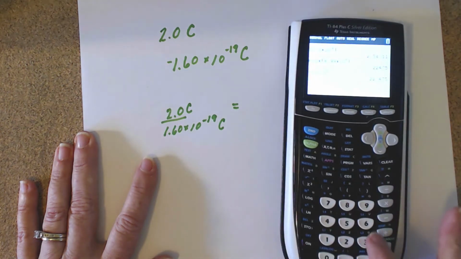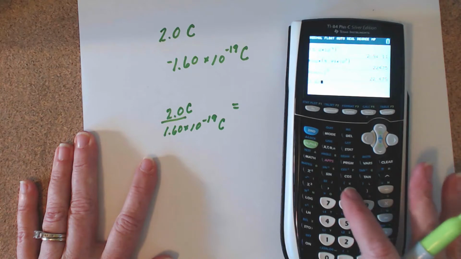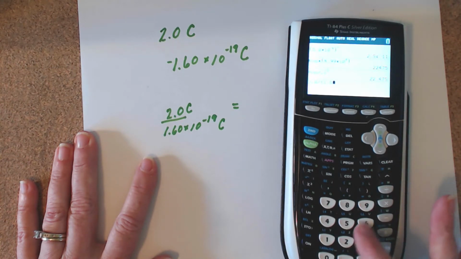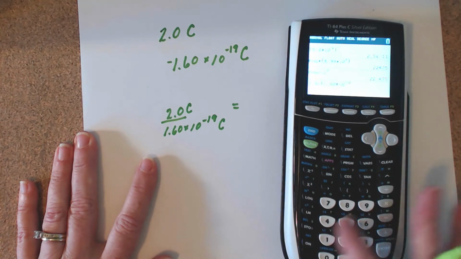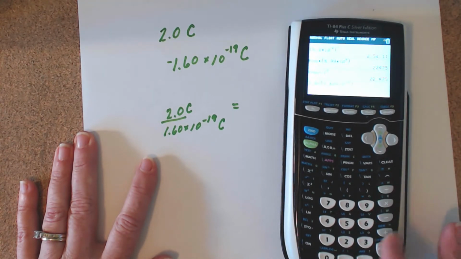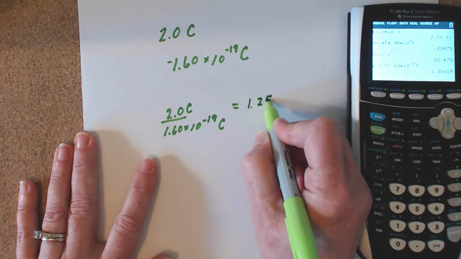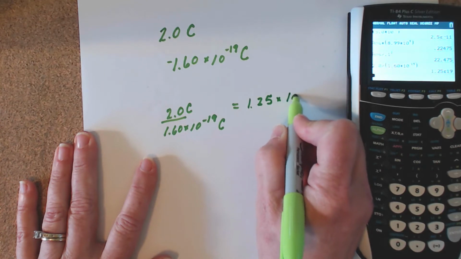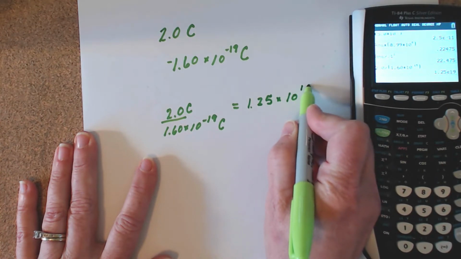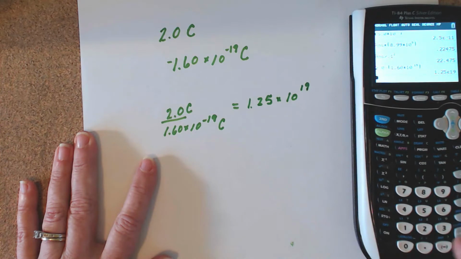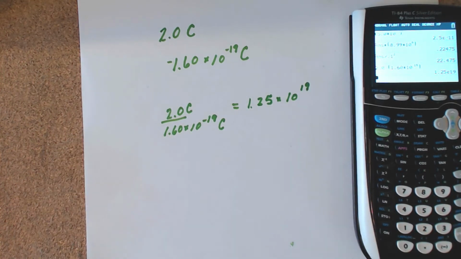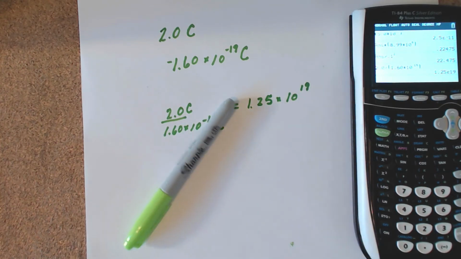Notice that the coulombs will cancel out, leaving us a number without any units, and that's our number of electrons. And we find that there's 1.25 times 10 to the 19 electrons in this amount of charge.